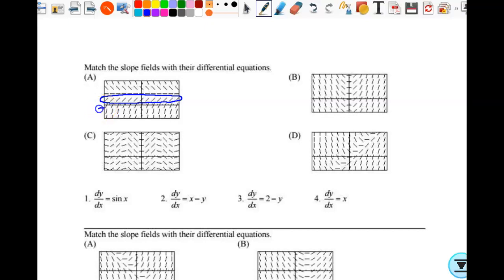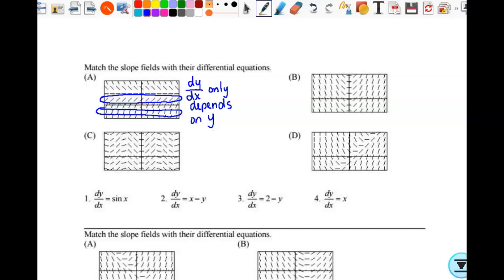I can choose another horizontal line, all the slopes are the same. So what would that mean about my differential equation? There you go. So I would say dy/dx only depends on y. That's one of the first things I notice on that one.